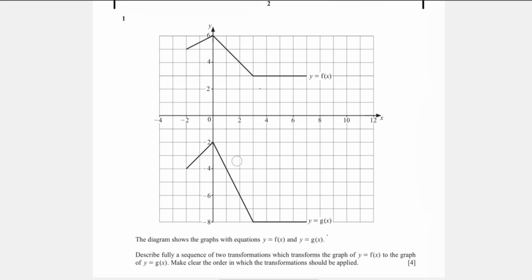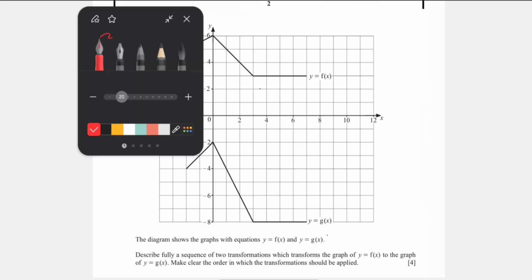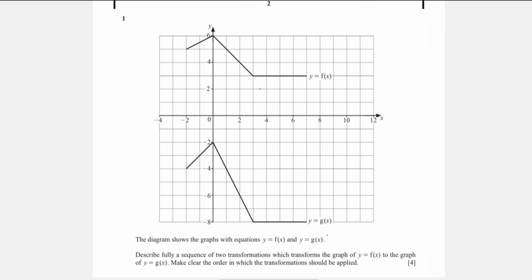Now with that in mind, we said we got g of x after applying two transformations, right? But amongst those two transformations is a stretch of factor 2, right? So if we applied a stretch of factor 2 to get g of x alongside another transformation, it means the first transformation is to get f of x down, right?